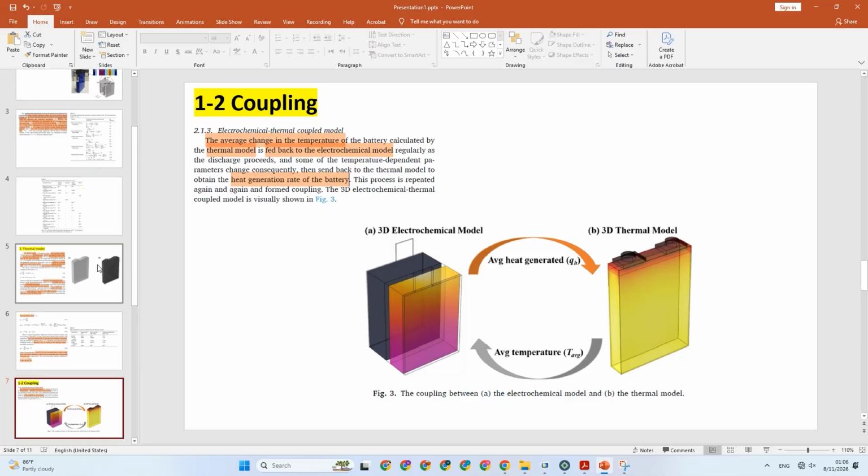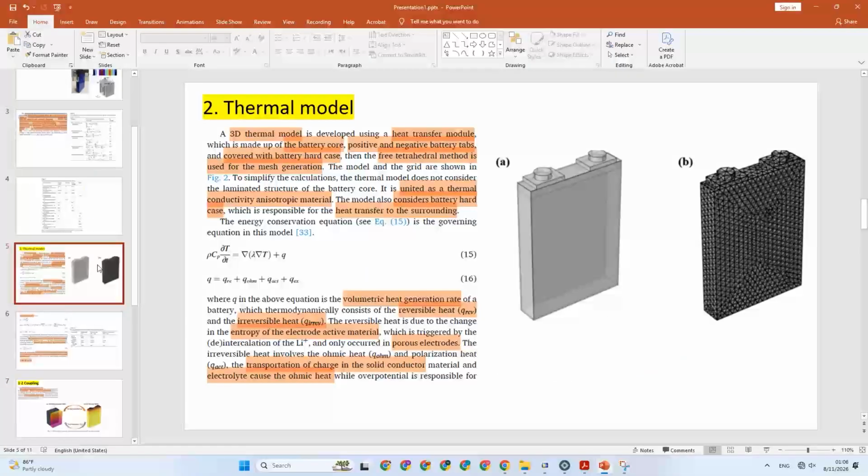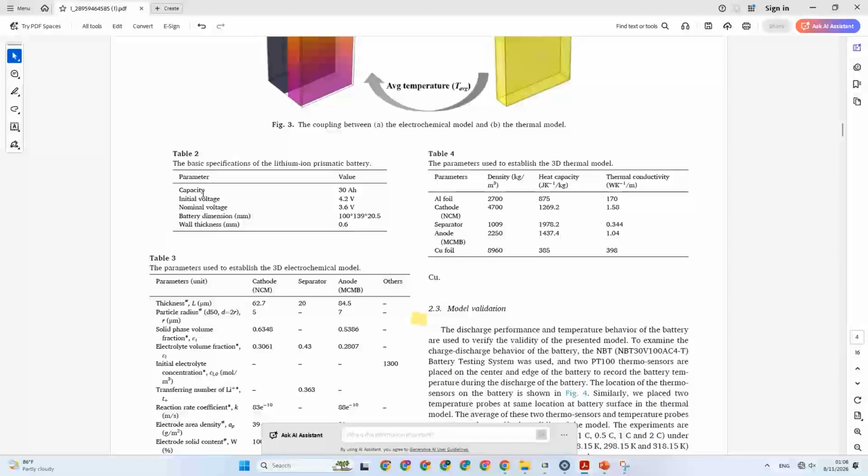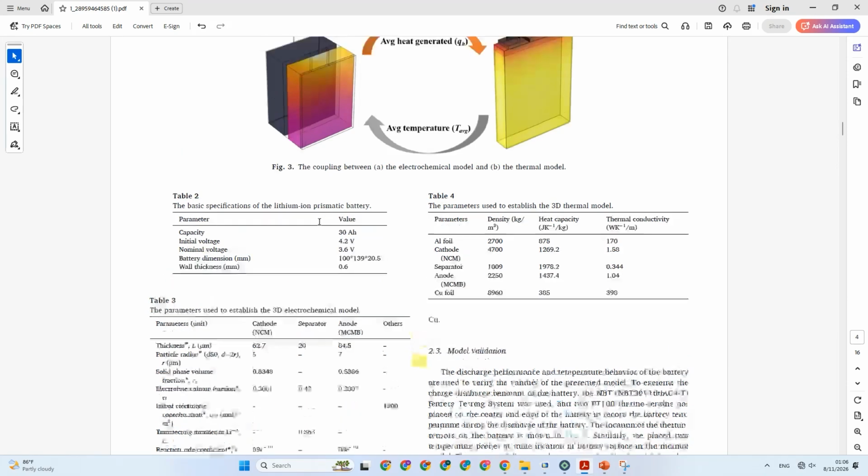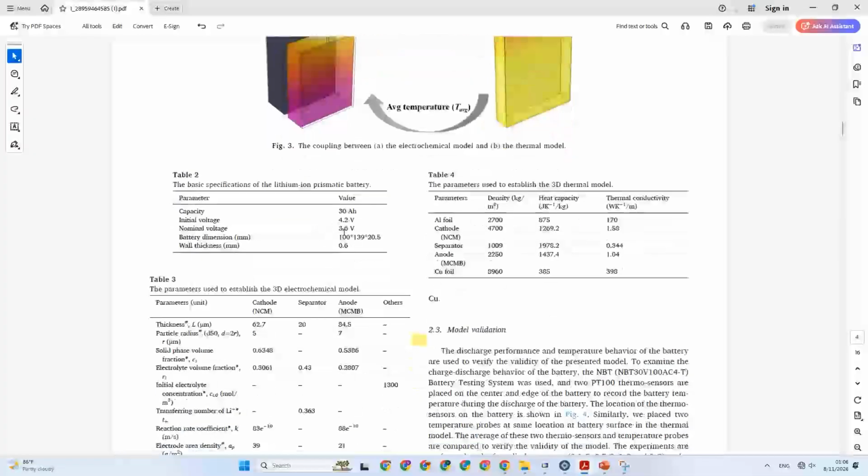Maybe I don't know why initial voltage, nominal voltage, battery demand, dimension, the wall thickness.